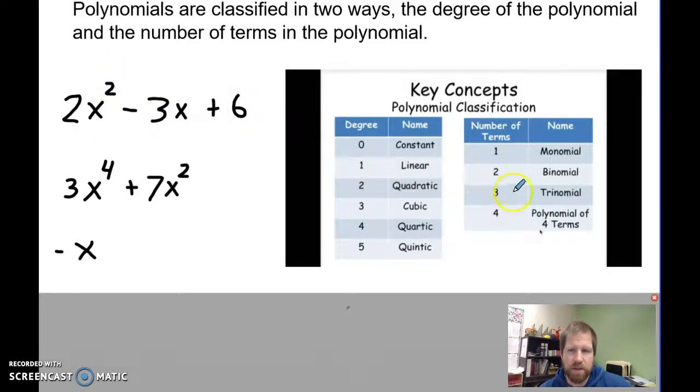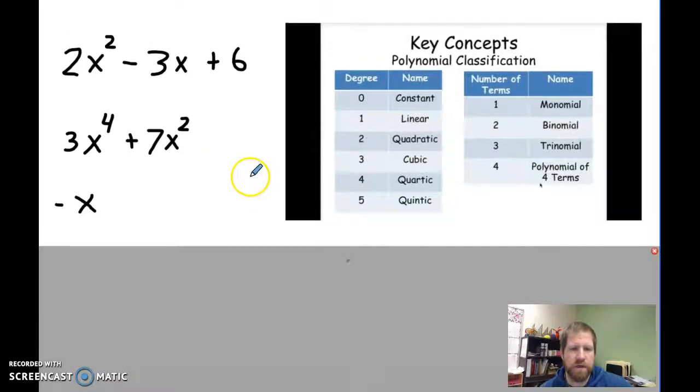It's got 3 terms, so it's a trinomial, quadratic trinomial. And that degree will come first. You'd always say a quadratic trinomial rather than a trinomial quadratic. List the degree first.